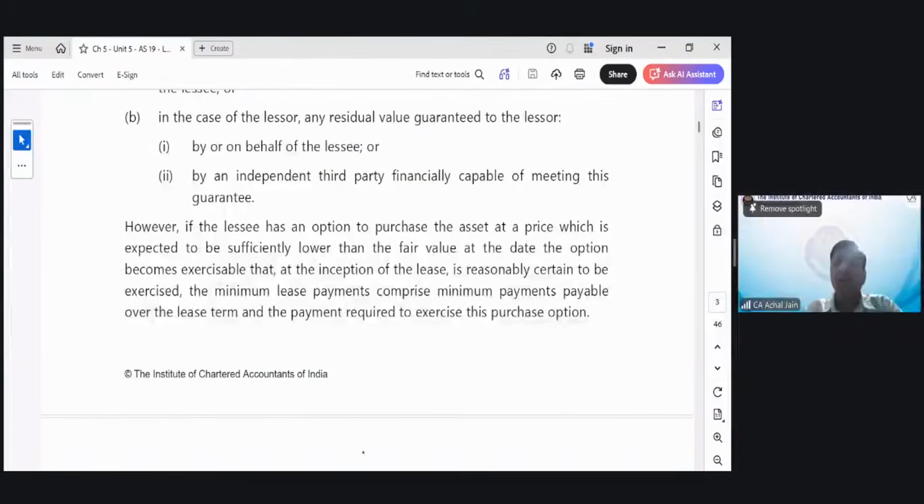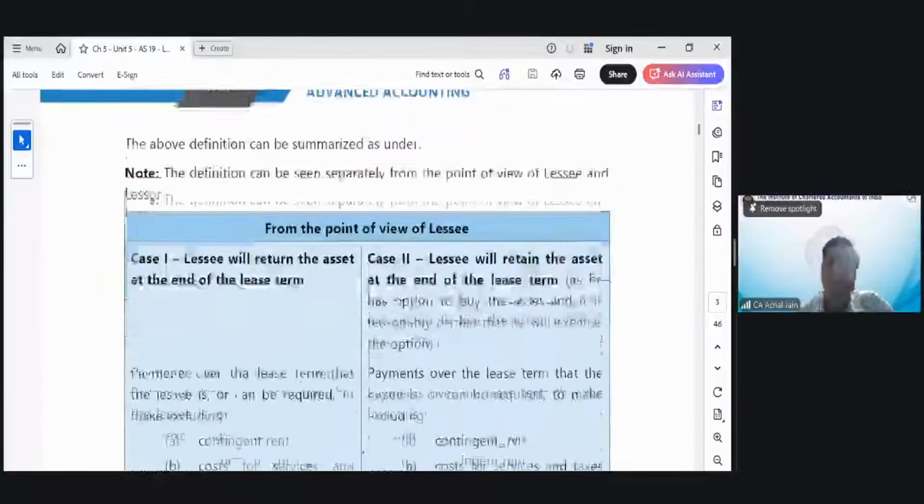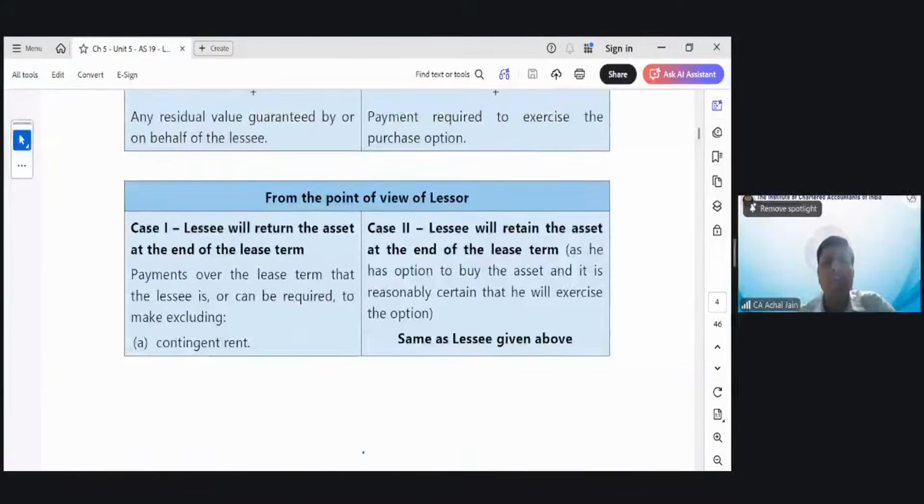But when you look at it from the perspective of the lessee, if there is a third party who has guaranteed that amount, will you be including that? The answer is no, because the lessee is not going to pay that. Right? Now, this is one aspect which you need to consider. When we move on to the questions, you will get more clarity as to what is required to be included and what is not required to be included.